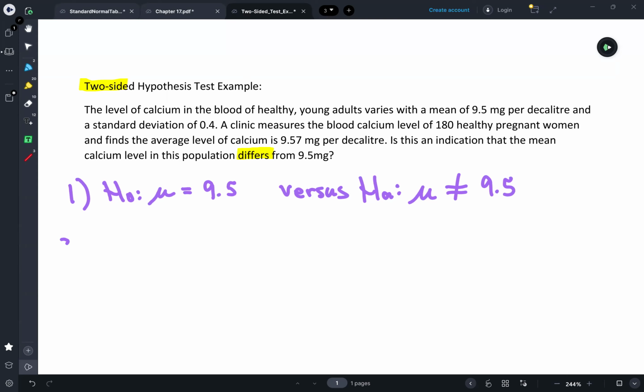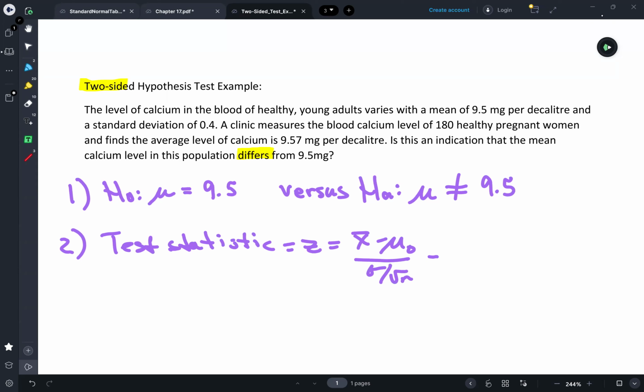So now we have the data and we can get the test statistic, which is going to be Z equals X bar minus mu naught over sigma over square root n. What is X bar? So what's the average? The average calcium level from the sample.